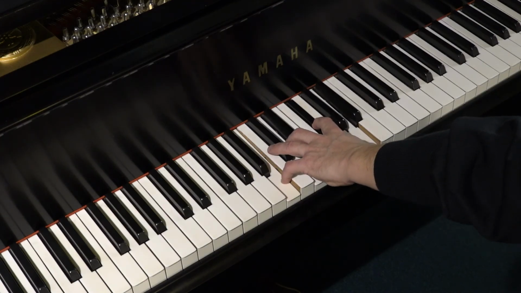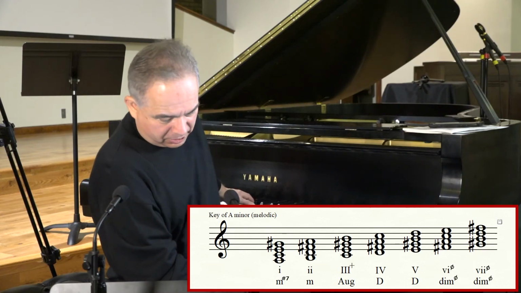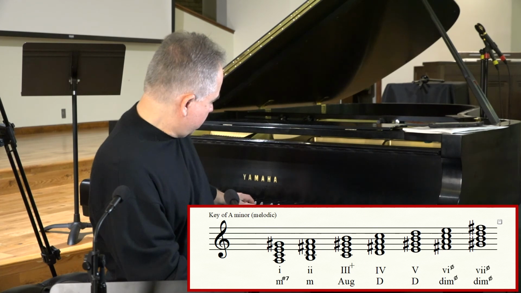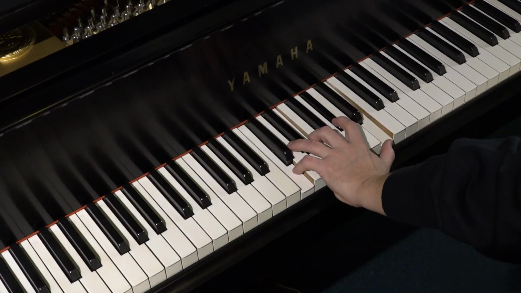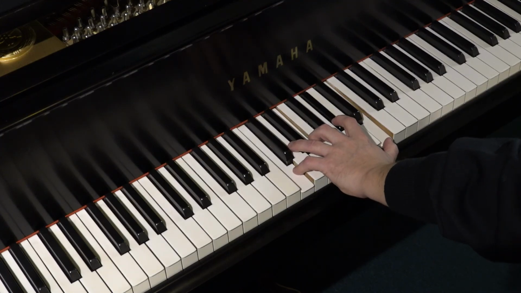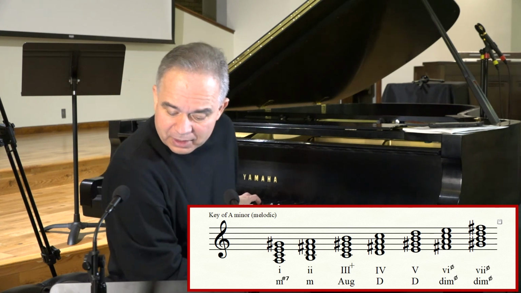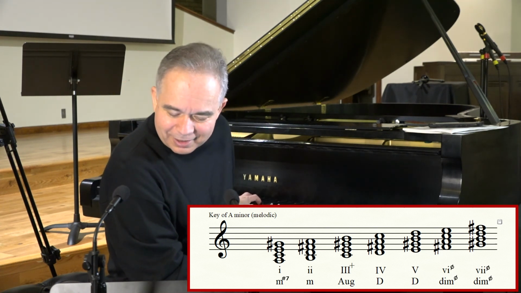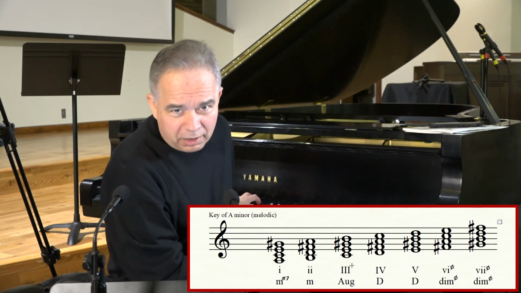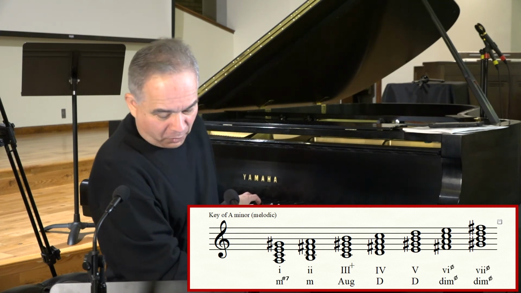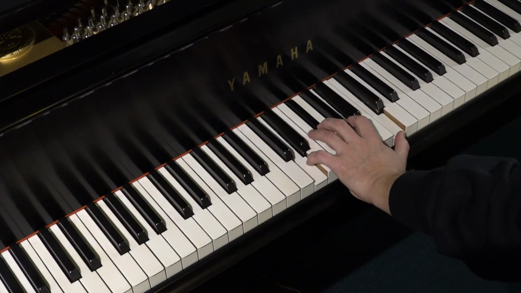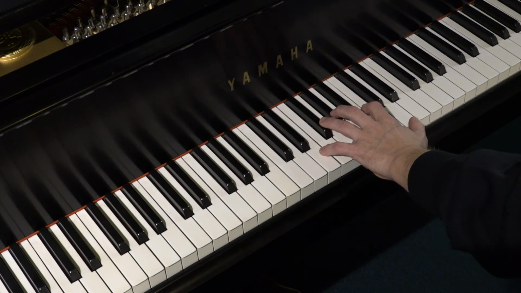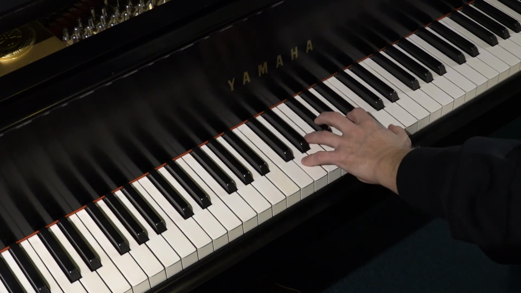We have a regular minor seventh chord on the second degree. We still keep the augmented on the third degree. Very dissonant. But look at this. This time we have two dominant seventh chords, one on the fourth degree, and another one on the fifth degree.